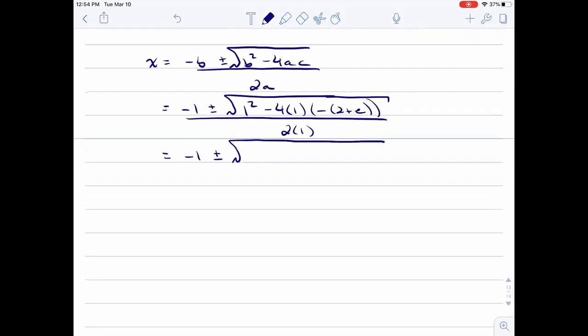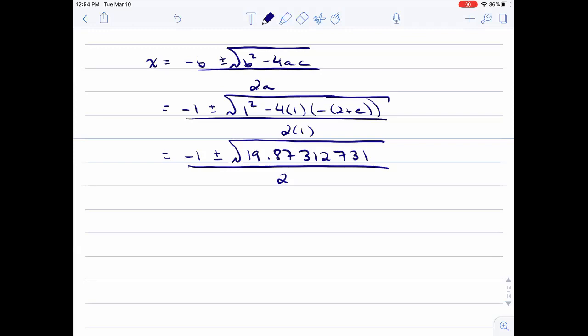I'll just check in here. I get the square root of 19.87312731 divided by 2. I'll just try again: 1 squared minus 4 times negative 2 plus e. Okay, good.